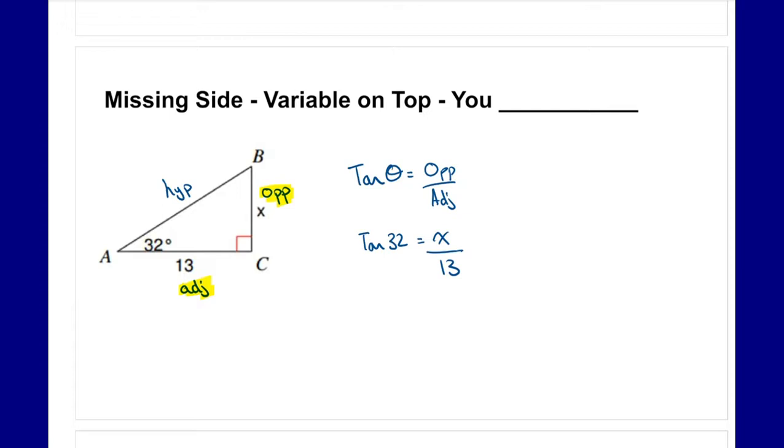Now in this case, what we would do is bring up the 13, move it to the other side, and multiply. So this becomes 13 times tan 32 equals x. And if we go through, 13 times tan 32 equals 8.12. So that is the missing value there.